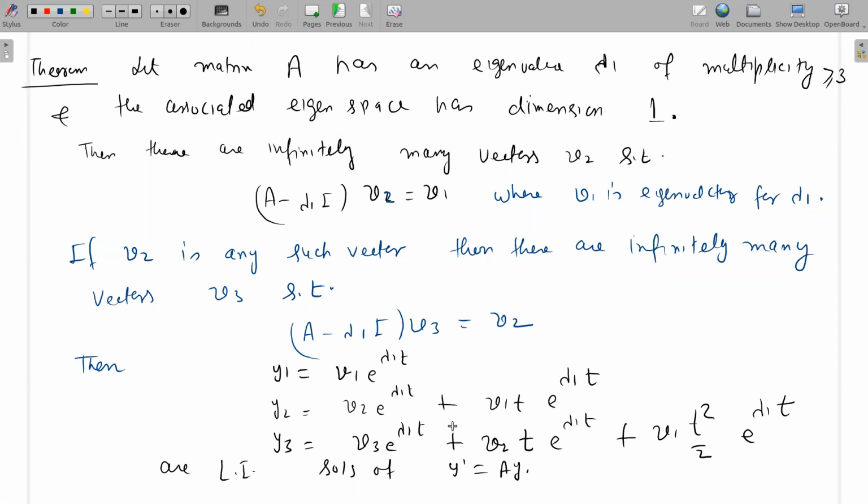And it's also difficult to find eigenvalues and eigenvectors. So that is not an easy task as well.